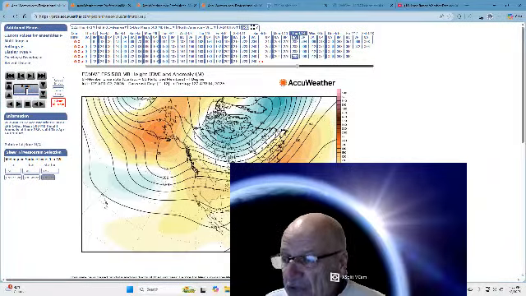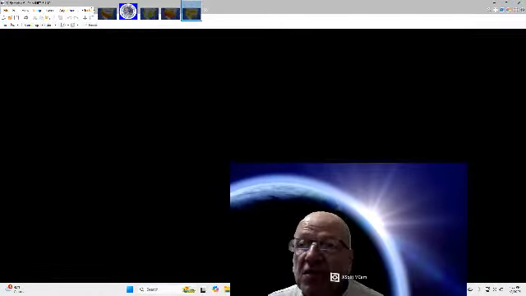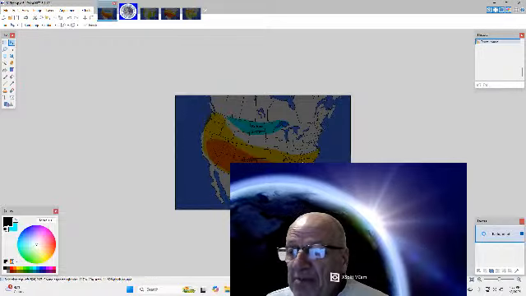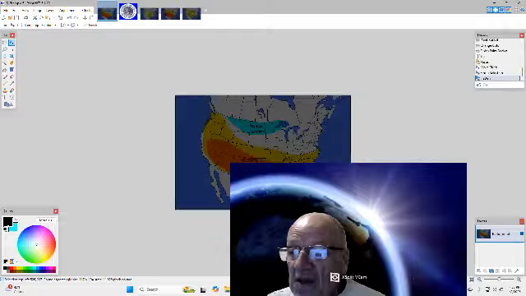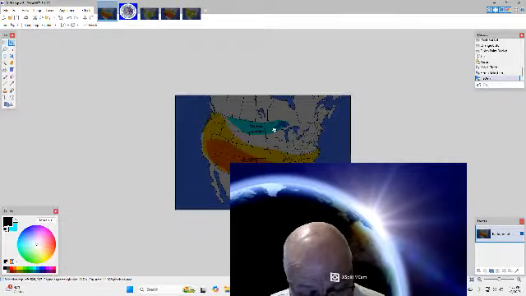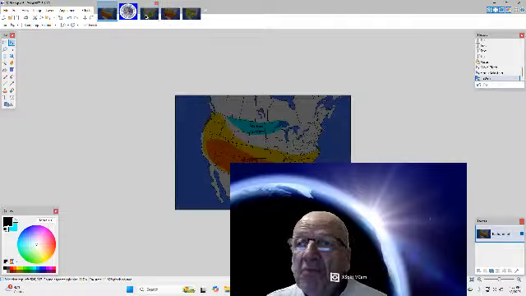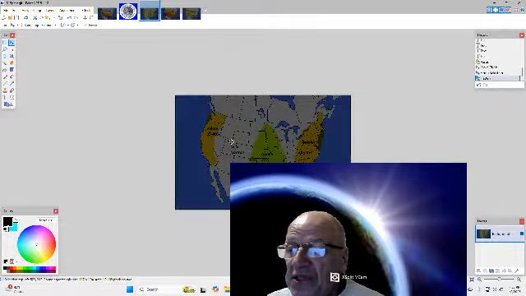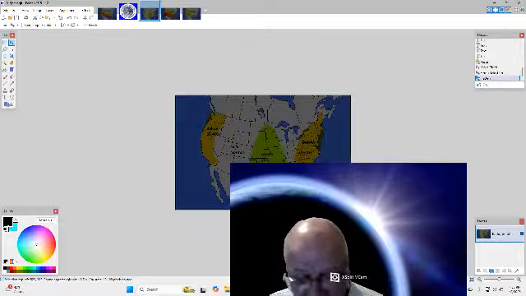So for this forecast period, I am calling for above normal temperatures here with the numbers of 6 degrees at least or more above normal in this orange area, below normal temperatures here with the numbers of 2 to 4 degrees below normal. For precipitation, calling for below normal precipitation here, and for this region, probability of occurrence is 35 to 40%. Above normal precipitation here, probability of occurrence is 35%.